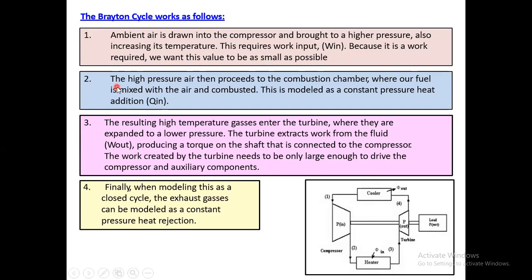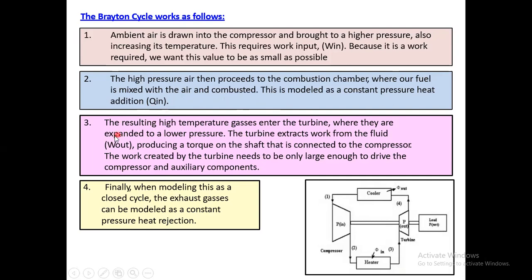Number two, the high pressure air then proceeds to the combustion chamber where the fuel is mixed with the air and combusted. This is modeled as constant pressure heat addition, that is Q in.